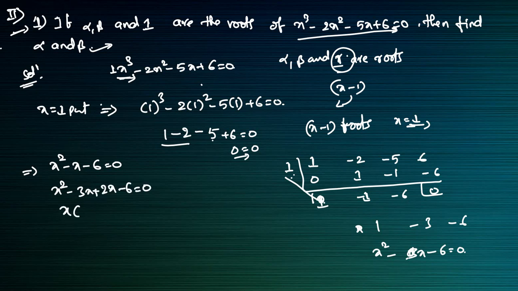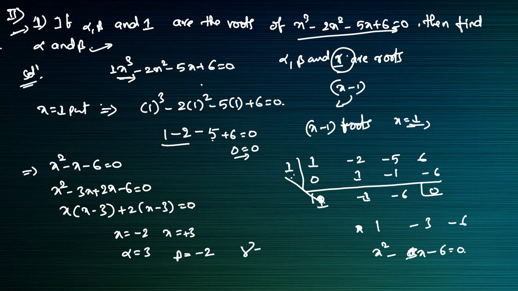Taking x common, x minus 3, plus 2 common, x minus 3, is equal to 0. So the roots are x is equal to 3 and x is equal to minus 2. Now alpha is equal to 3, beta is equal to minus 2, and gamma is equal to 1. These are all the roots of the given equation.